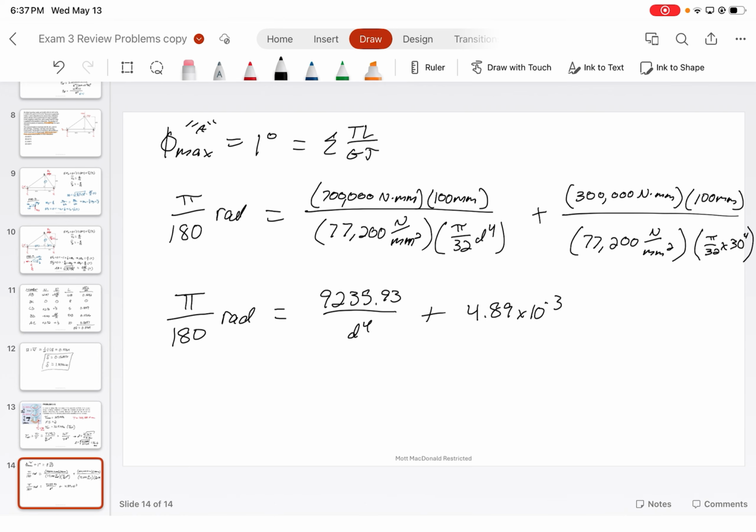Then pi over 180 minus that answer gives us that. And then 9235.93 divided by said answer is that. And then you take the square root of the square root of that answer, which gives us d is equal to 29.28 millimeters.